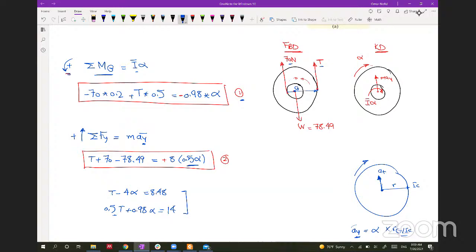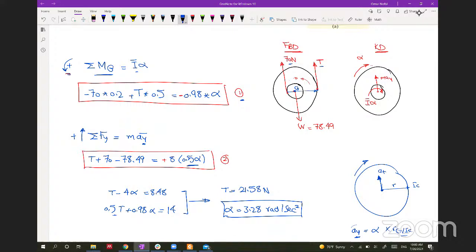If you solve these equations, using your system of equations in the calculator, you will find that T is equal to 21.58 Newton and alpha is equal to 3.28 radian per second square. So we got what is needed, which is the angular acceleration. So does anybody have any questions?